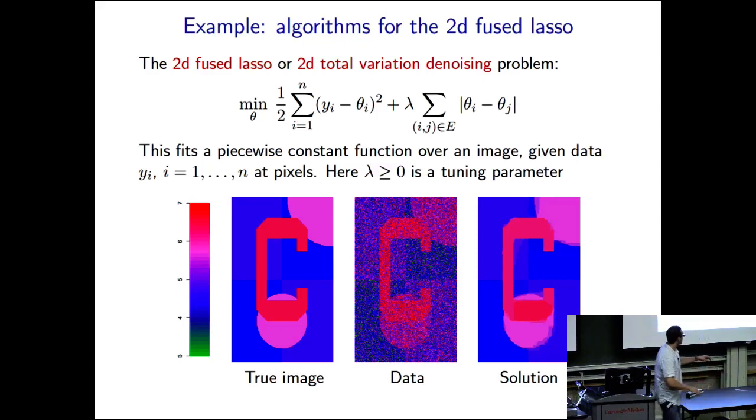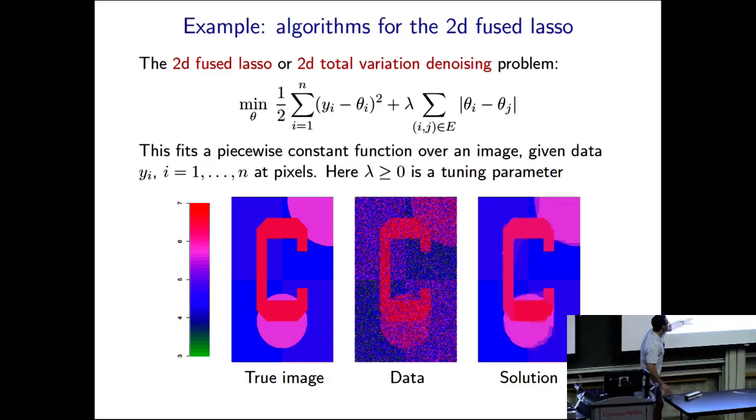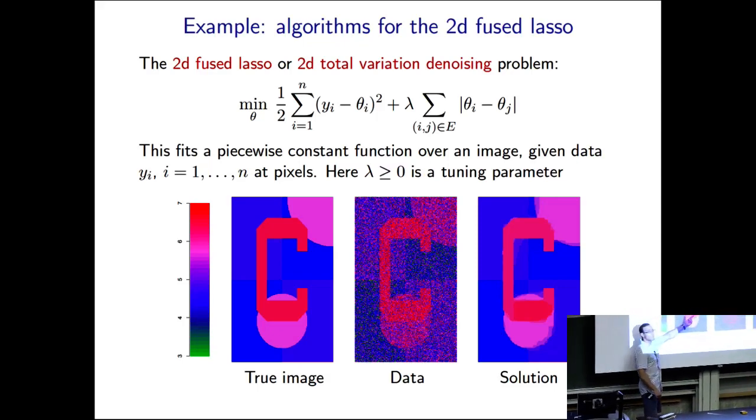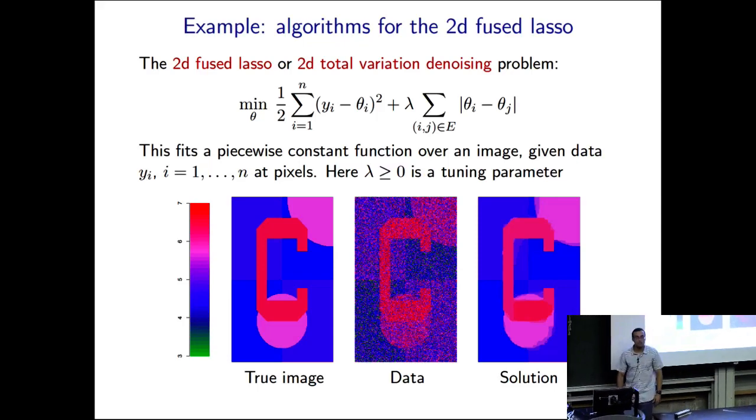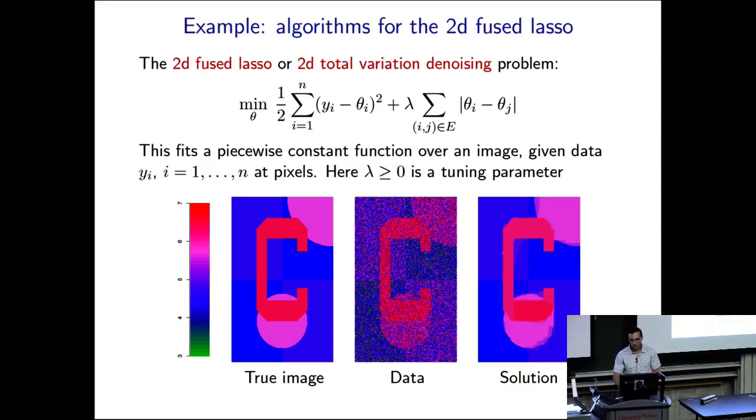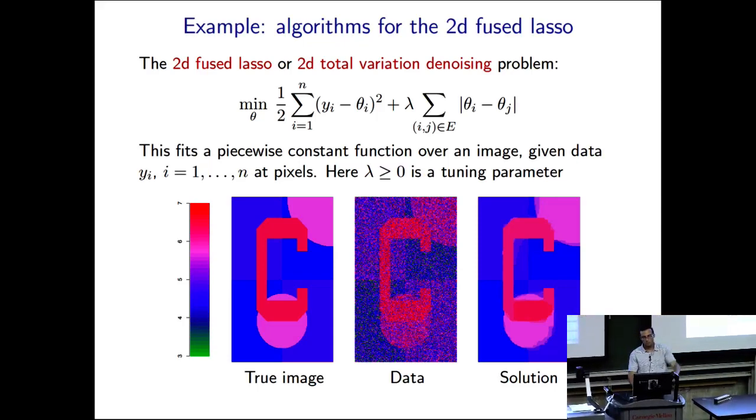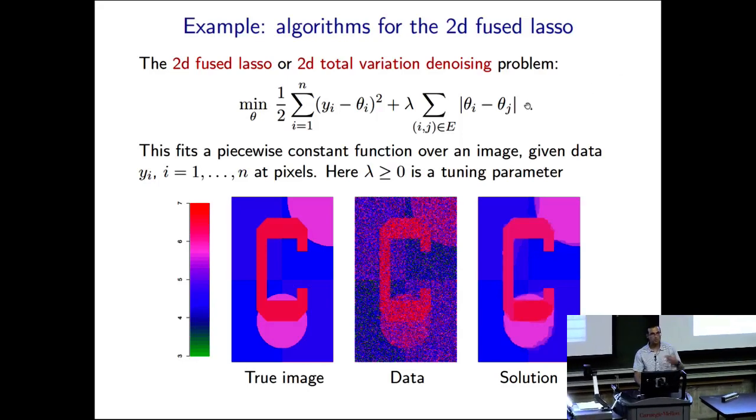It's going to be a smooth reconstruction of this image, but it will never give us anything with solid colors like this, where there's a block of solid colors, which I'm calling piecewise constant. So it's one value here, one value here, one value here, etc. A way to see that, if you want to look back at this after we've talked about the KKT conditions, is that if you look at the KKT conditions of this problem, you can see explicitly that at the solution we get exact equality between many thetas.